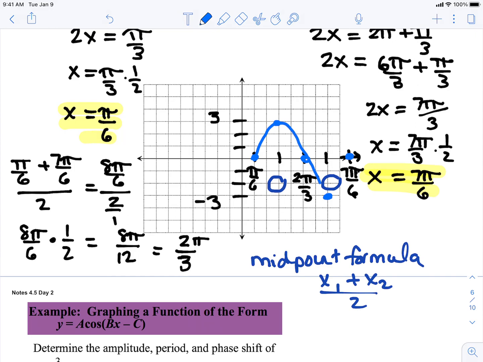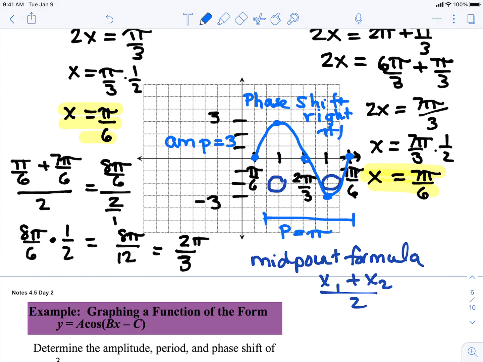So here is our sine function with 1 revolution. The distance is a period of pi, an amplitude of 3, and then a phase shift right pi over 6.